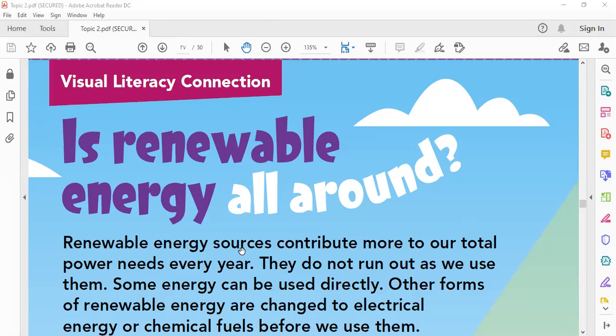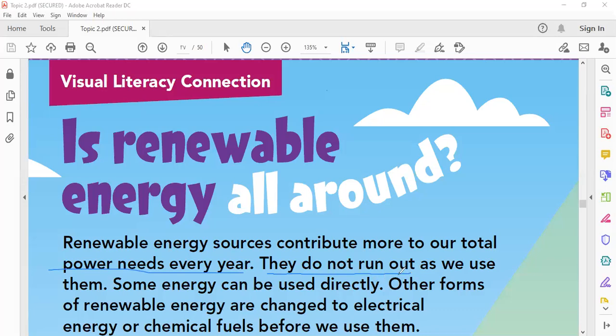Renewable energy sources contribute more to our total power needs every year. Okay, so they give us a lot of energy. This is why they are called renewable, because they do not run out. Please highlight this. They do not run out.